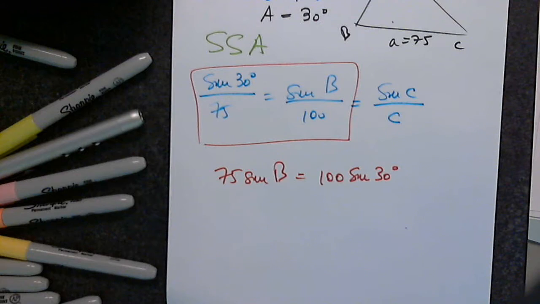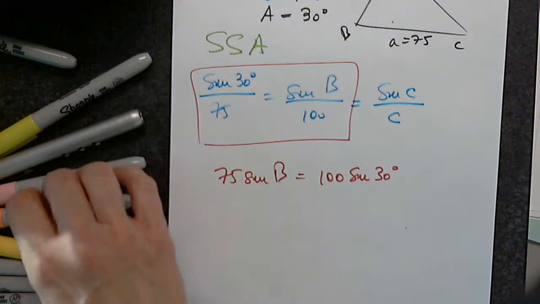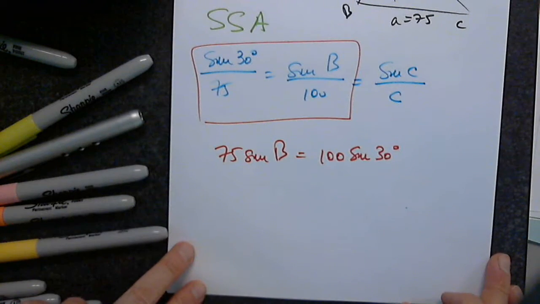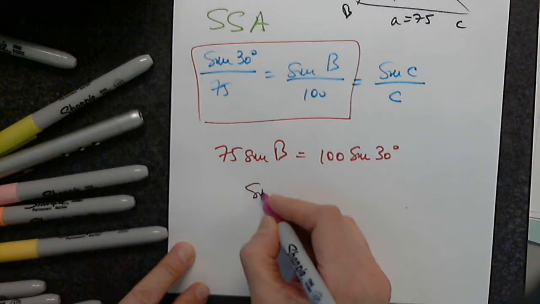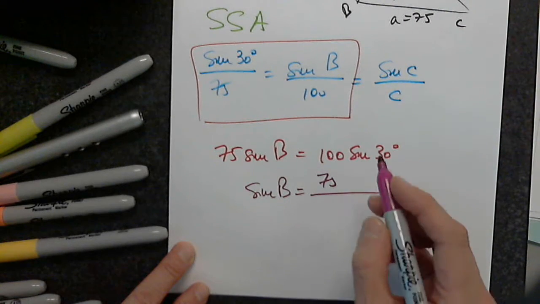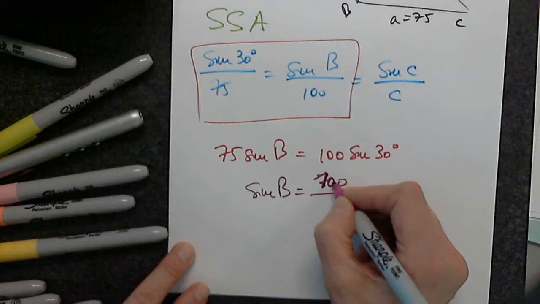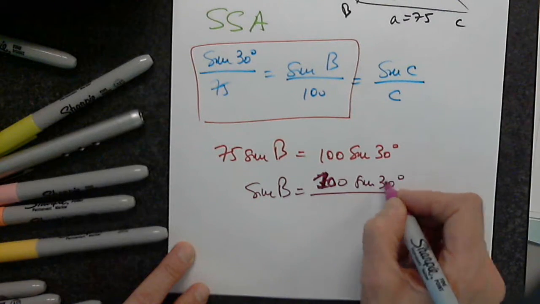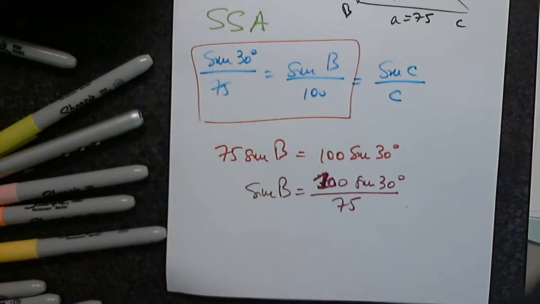What am I solving for right now? Not yet. I have to solve for sine B first. 100 sine 30 over 75. I will put it in the graphing calculator. And then what will I apply to both sides?